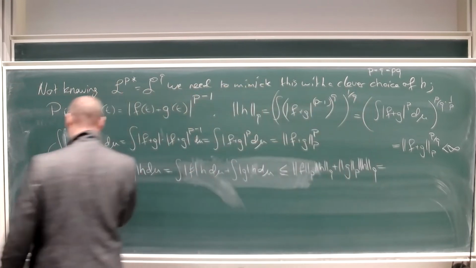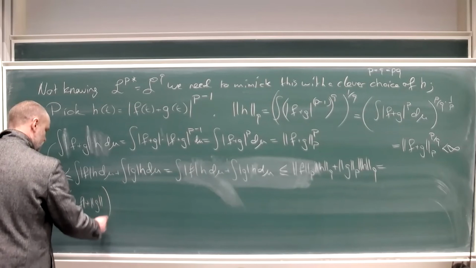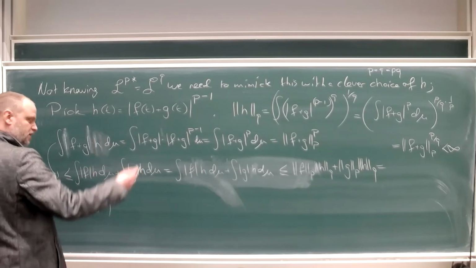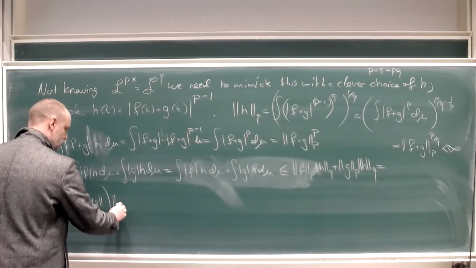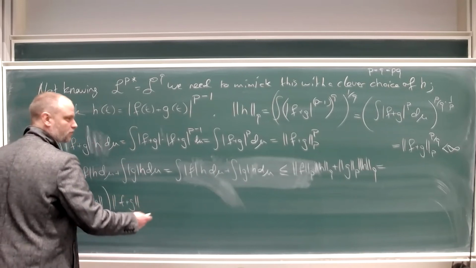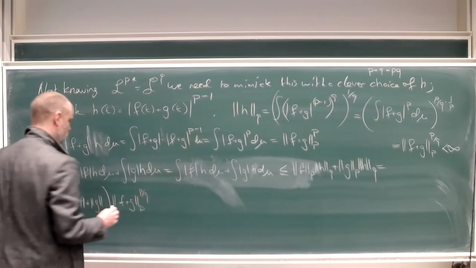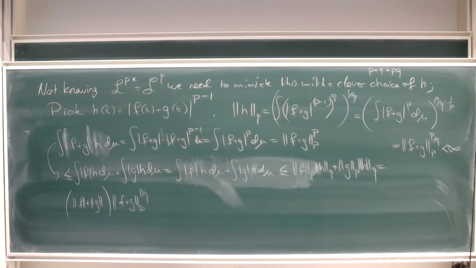Now, this is equal to f plus g times the q norm of h, which we know is also somehow connected to the p norm of f plus g. So using that formula over there, I get the following.